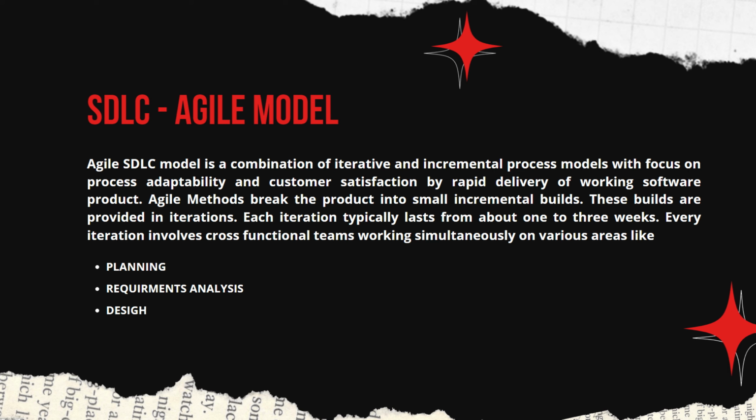These builds are provided in iterations. Each iteration typically lasts about one to three weeks. Every iteration involves cross-functional teams working simultaneously on various areas like planning, requirement analysis, and design.